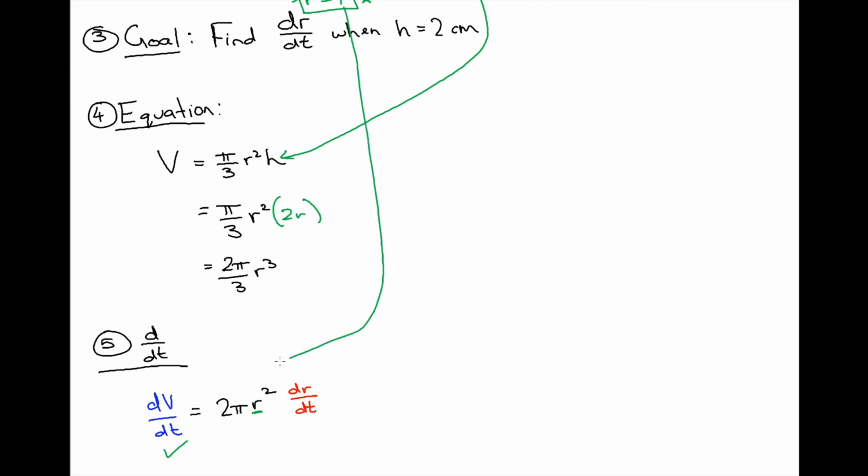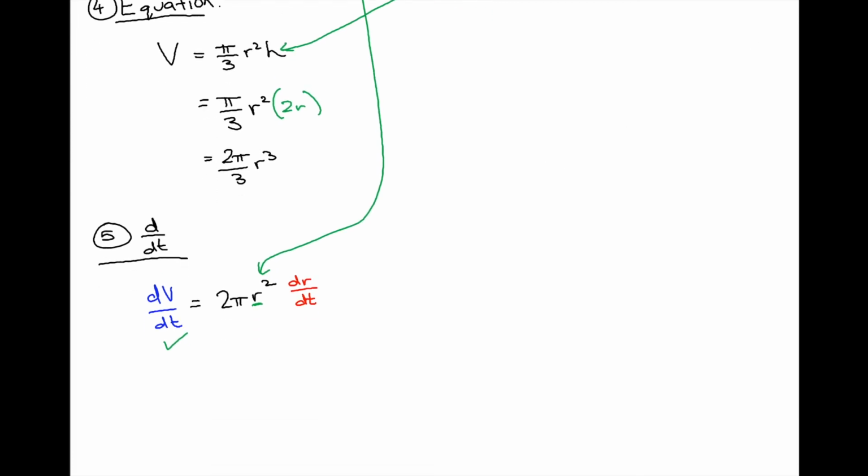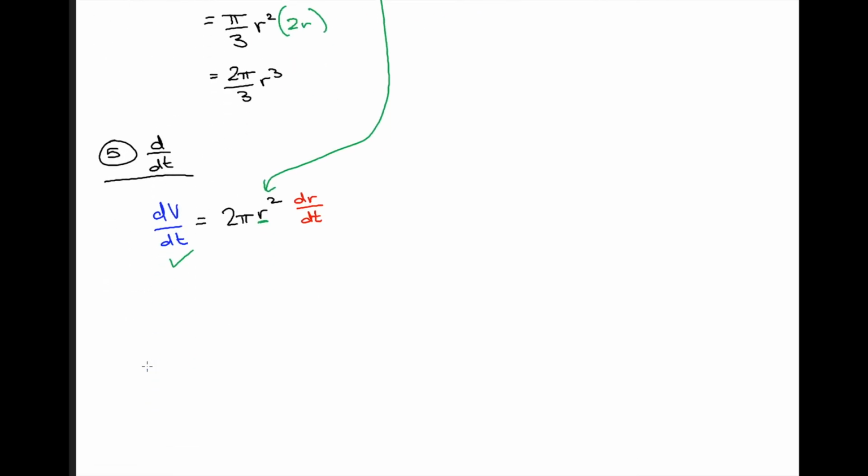Now that I have that, I can pull that down there. It's a lot of green lines around here. I can also plug in for dV/dt, which is negative 0.5, but I'm going to write that as negative 1/2. So negative 1/2 equals 2 pi, r squared is just going to be 1, times dr/dt.